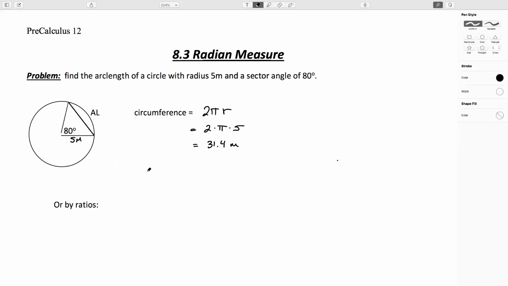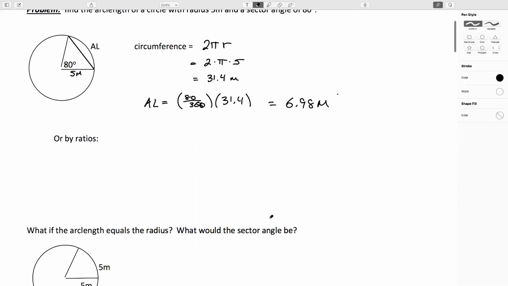So we can say our arc length is equal to 80 over 360 times 31.4, and we end up with an arc length of 6.98 meters. That's basically the thought process. We've got to think of the ratio of the circle that we're traveling around, and we multiply that by the whole circumference.